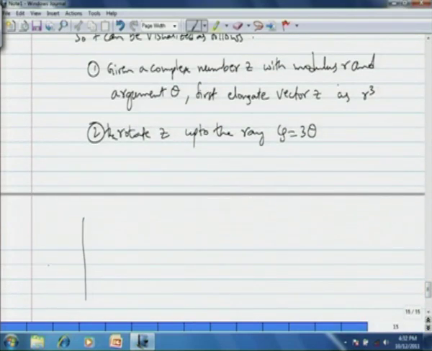So, if I take z equals 1 plus i, this can be written as root 2 times cosine pi by 4 plus i sin pi by 4. So, this can be thought of as a vector like that.